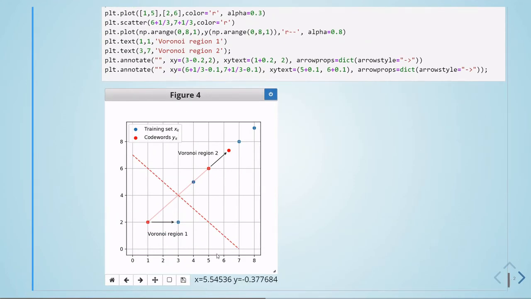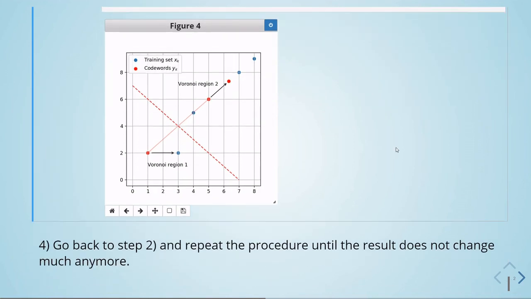It was originally here, so it goes to 6 plus a third, and 7 plus a third, so it moves there. Then we can draw a new boundary line, and we go back to step 2 and repeat this procedure until the result does not change anymore.